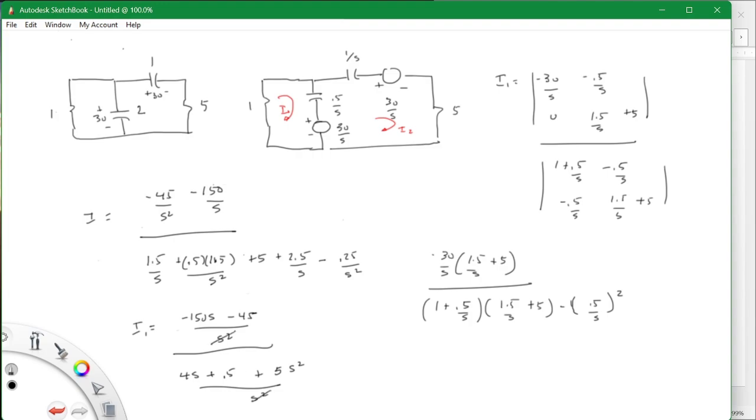The S squareds go away. So now we have minus 150 S minus 45 over 5S squared plus 4S plus 5.5.